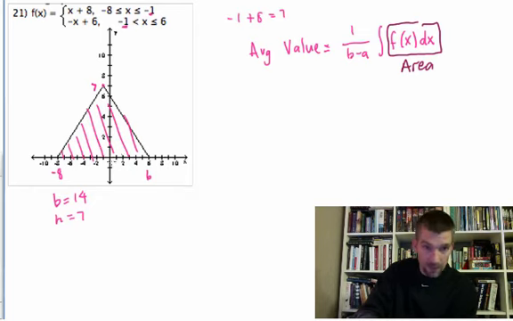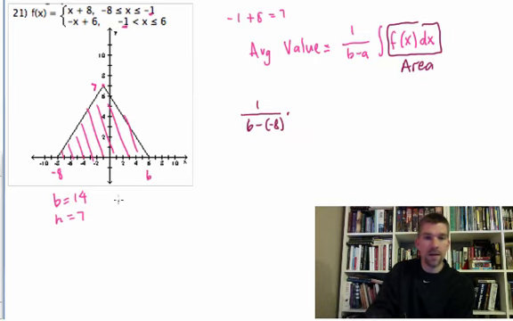We've got a triangle with base and height, so we can find that area. I know that a and b are going to be -8 and 6, so I'm going to have 1 over (6 minus -8) times the area: 1/2 the base times the height, or 1/2 times 14 times 7, or 7 times 7, 49.